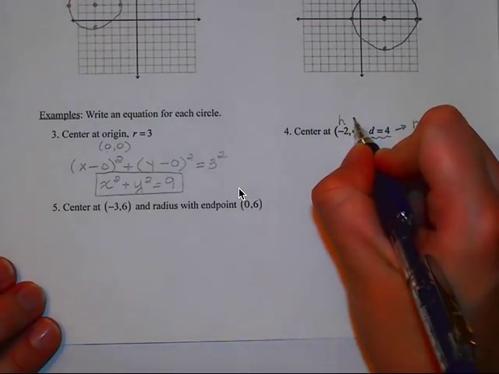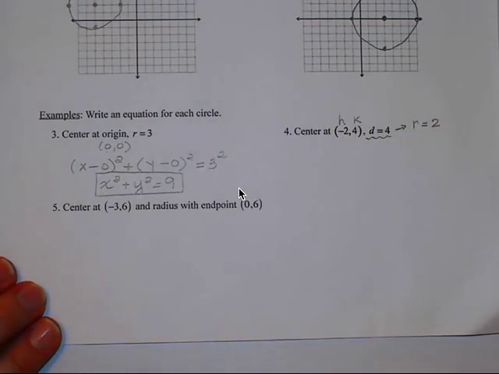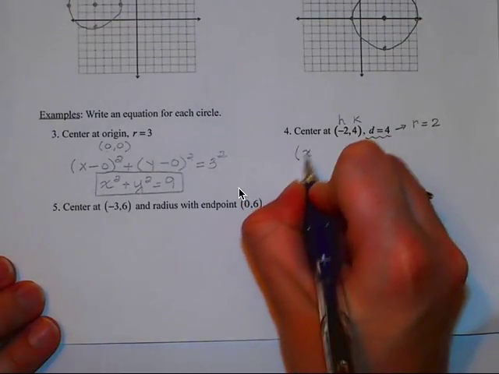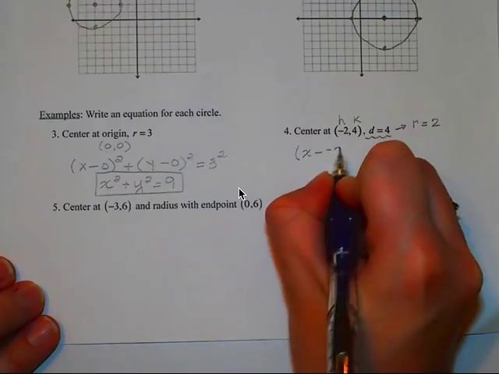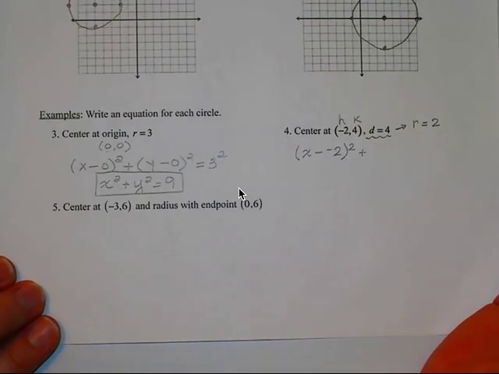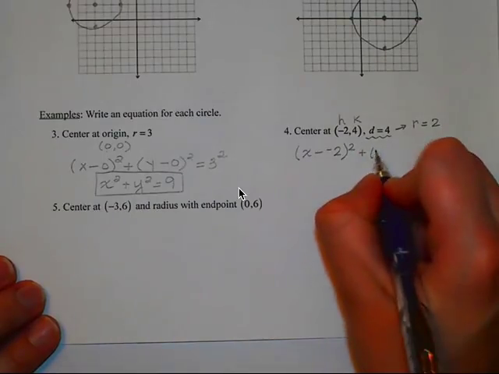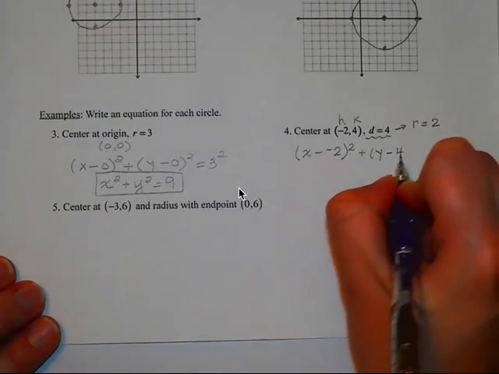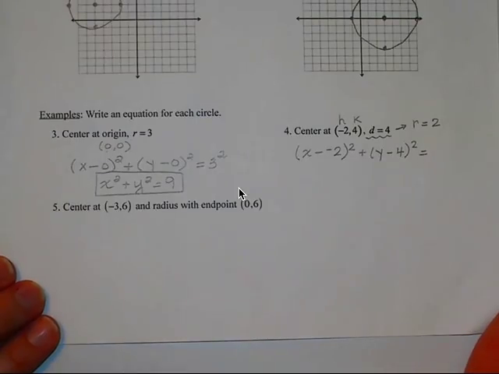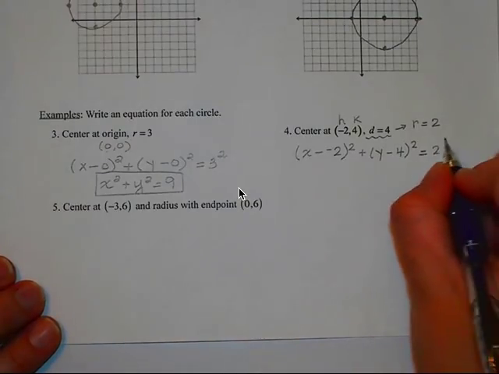The x-coordinate is represented by the letter h, the y-coordinate by the letter k. So if we put this information into the formula for the circle, we do x minus h, so x minus negative 2 squared, plus y minus the k value, 4, squared, equals our radius squared, so 2 squared.